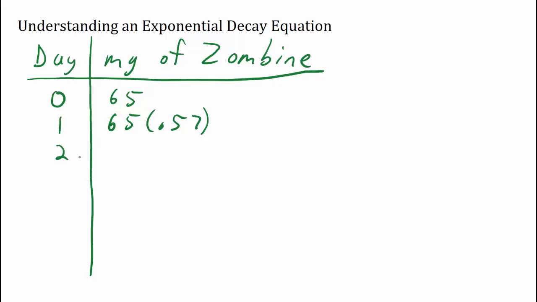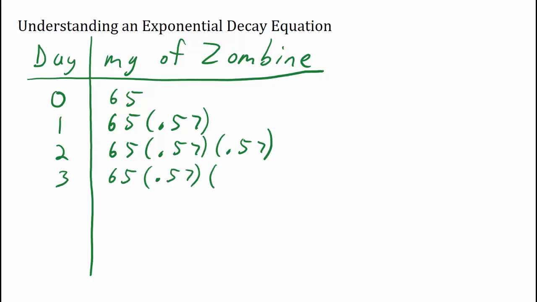On day 2, we're going to multiply by 0.57 again. I'm going to leave it written out the long way so we can see a pattern. So after day 2, we only have 57% of what we had after day 1. And on day 3, probably by now we see a pattern emerging. We need to multiply by 0.57 again, because we only have 57% of what we had after day 2. And after day 4, we need to multiply by 0.57 again.